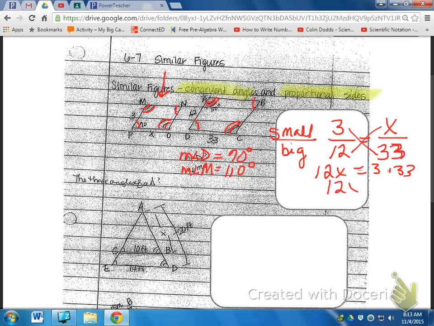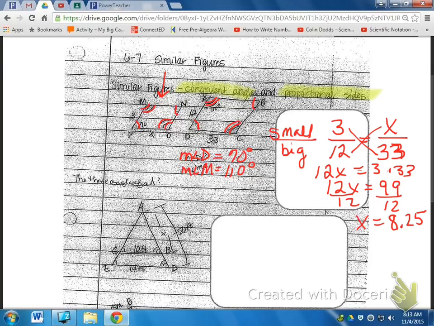So 12x equals 99. And divide by 12. You divide the last step. X equals. Okay, so if I do 8 times 12, that is 96. So 8 and 3/12, so 1/4. So 8.25 is what you would say.